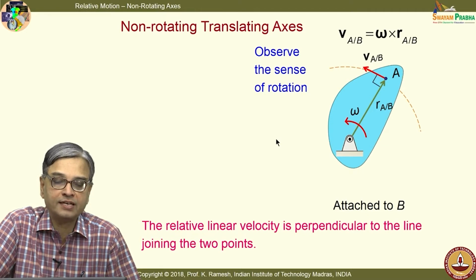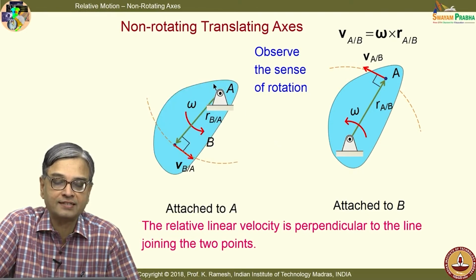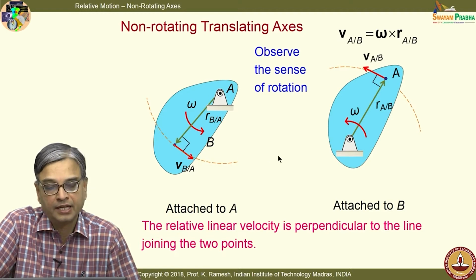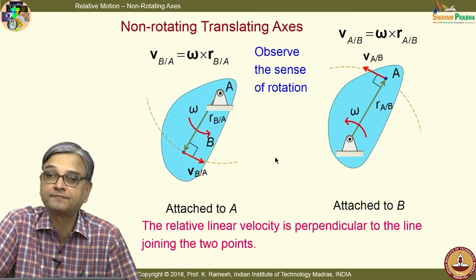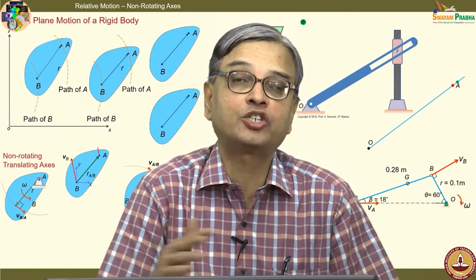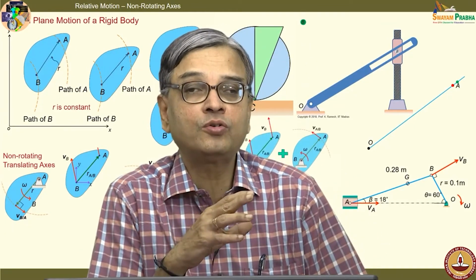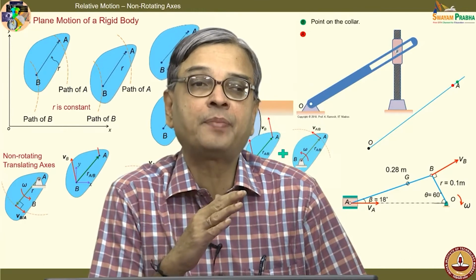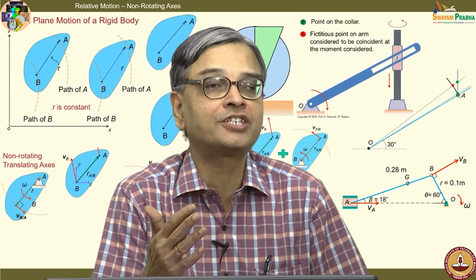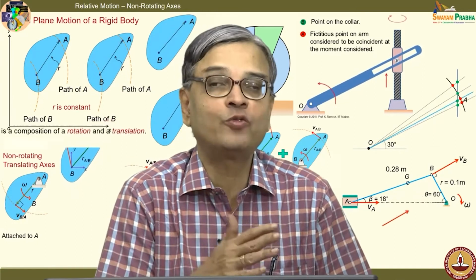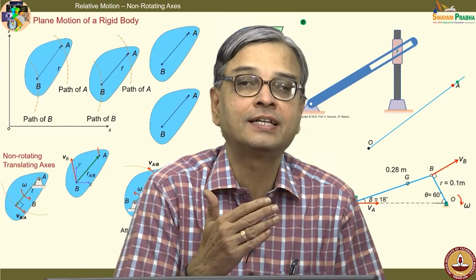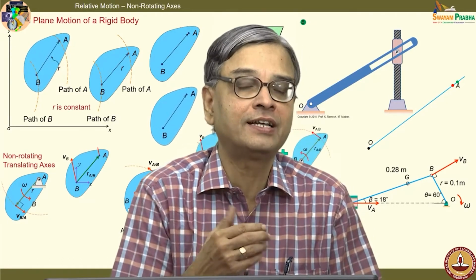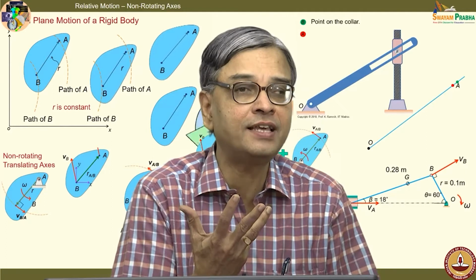Now, what we would see is, we would fix the axis at point A and view point B. Here again, if you look at the sense of rotation, it is one and the same. This is by virtue that you have been able to appreciate general plane motion consists of a rotation and a translation. Now, we are translating with the body. When I view it from different points, the mathematical details will differ, but the sense of rotation still remains the same.